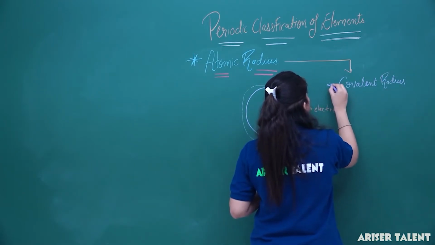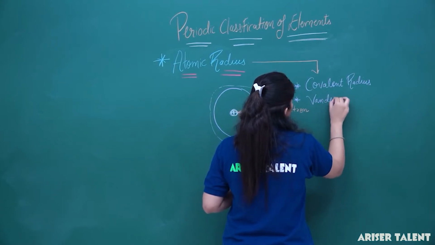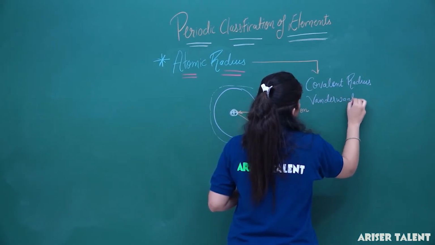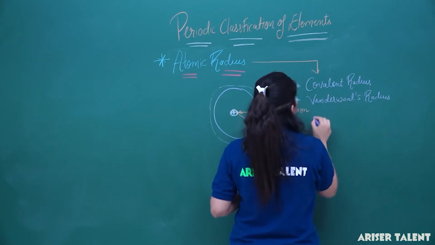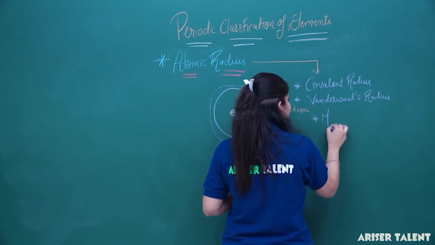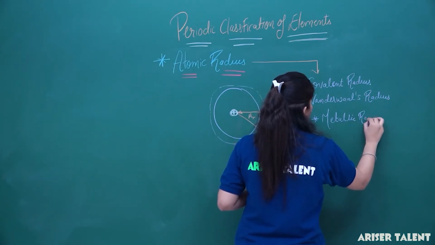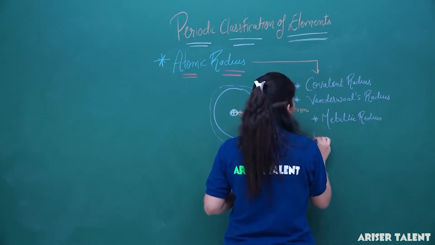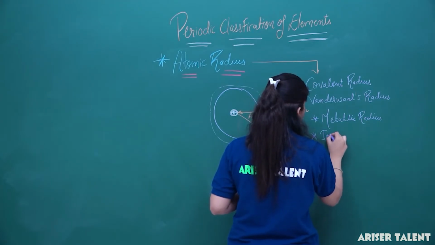Second one is van der Waals radius. Third part we have is metallic radius. And what is the fourth part? The fourth part is ionic radius.